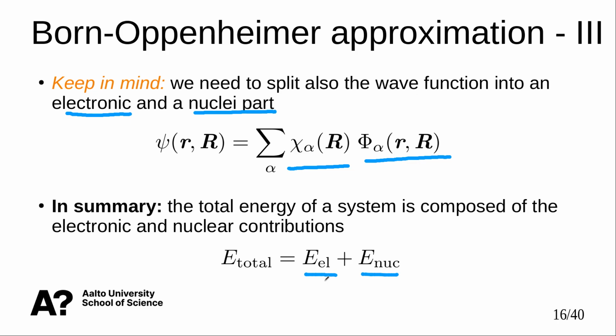So at this stage we discussed the Schrödinger equation and how to simplify it with the Born-Oppenheimer approximation to provide us with a practical possibility to solve it. And then in the next part we will discuss the electron density.